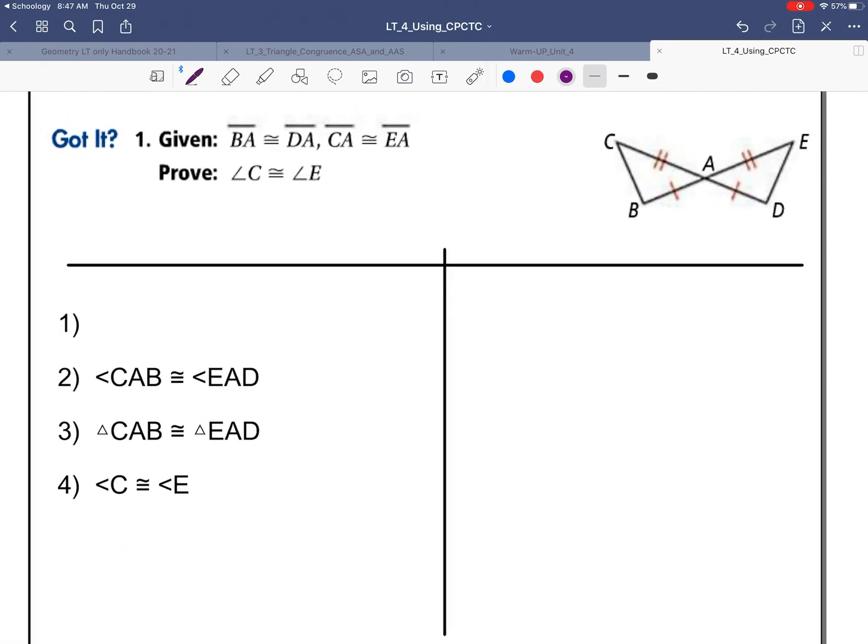Let's look at this next one. We've got our given, and the diagram is marked with the given. What allows us to say angle CAB is congruent to angle EAD? Those are because vertical angles are congruent.